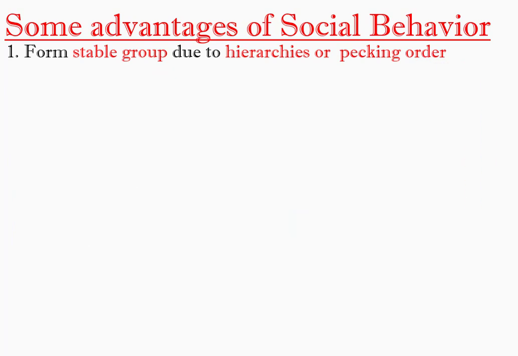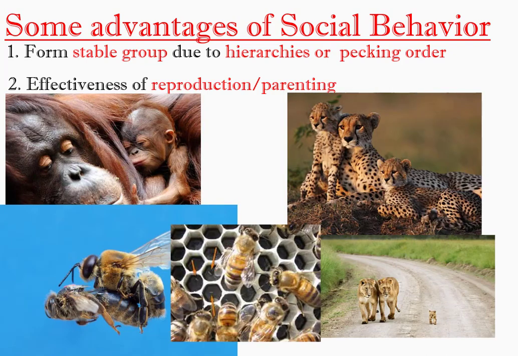The second benefit is that social behavior allows social animals to improve effectiveness of reproduction and parenting through courtship behavior and pair bond formation. Since courtship behavioral patterns and pair bond formation are innate, this helps opposite sexes within the group to manifest love and form strong pair bonds that result in mating and reproduction.